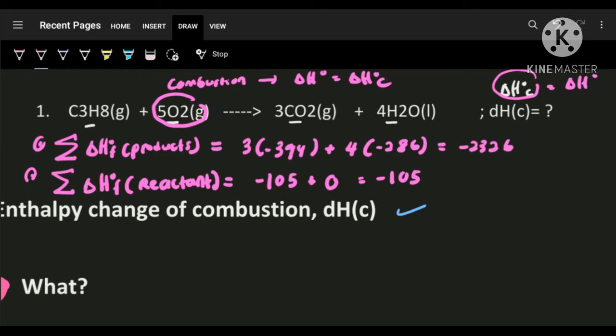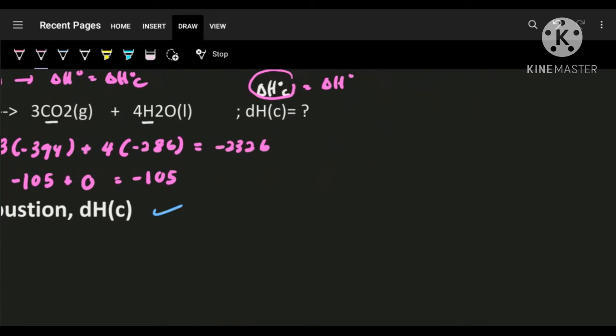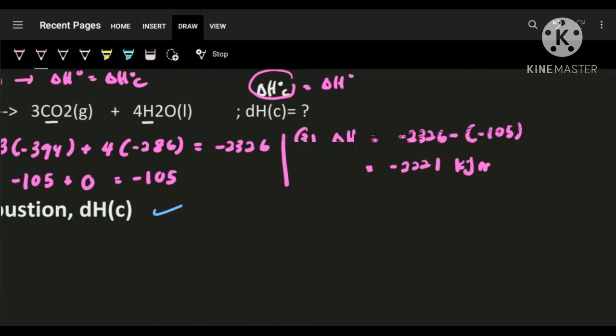Okay, this is the second step. So the third step: equal to negative 2326 minus negative 105, and the final answer is negative 2221 kilojoule per mole.